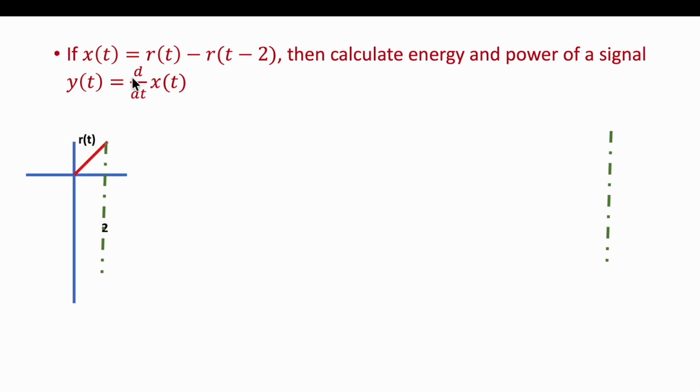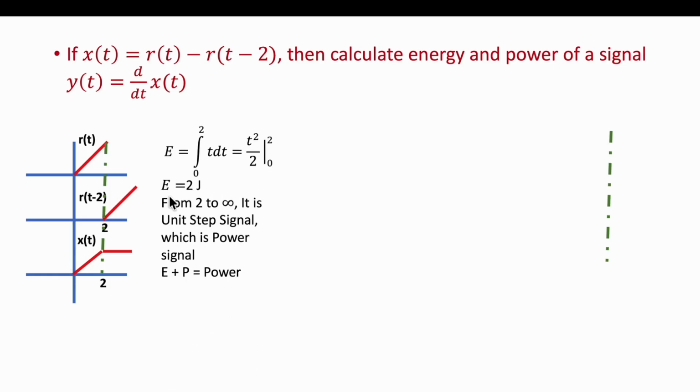For example, you can draw the signal. r(t) is a ramp signal from 0 to infinity, and r(t-2) is again a ramp, but shifted, where you equate t-2 equal to 0, so the shift starts from t = 2. If you subtract r(t-2) from r(t), you will end up with another signal, which is x(t), and then you can calculate the energy of x(t).